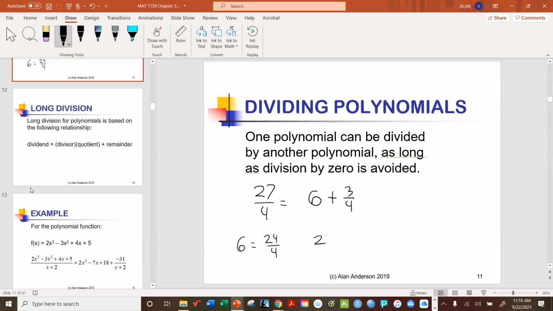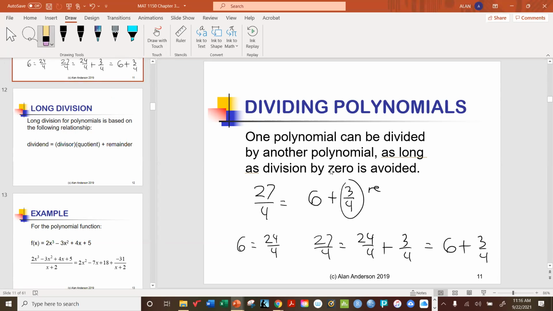So therefore 27 over 4 equals 24 over 4 plus 3 over 4, or 6 plus 3/4. This number is called the remainder. This is the quotient. And this is the remainder.